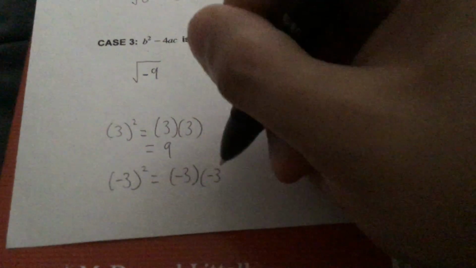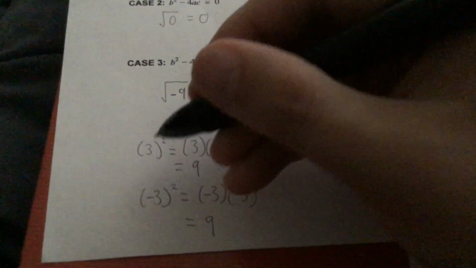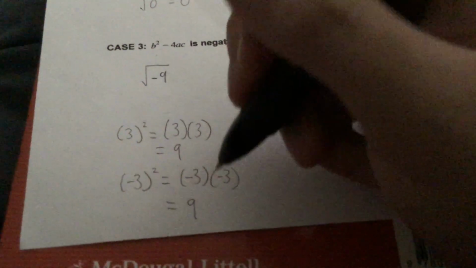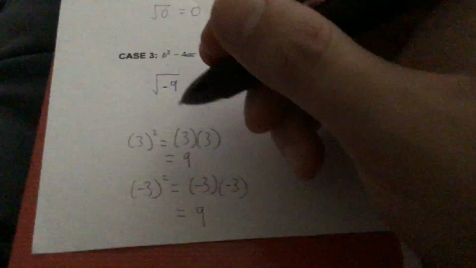Well, fear not. How about negative 3? Well, negative 3 times negative 3 is also positive 9. In other words, whether I have a positive times a positive or a negative times a negative, I'm still going to get a positive inside. That's not going to help me here because it's impossible.